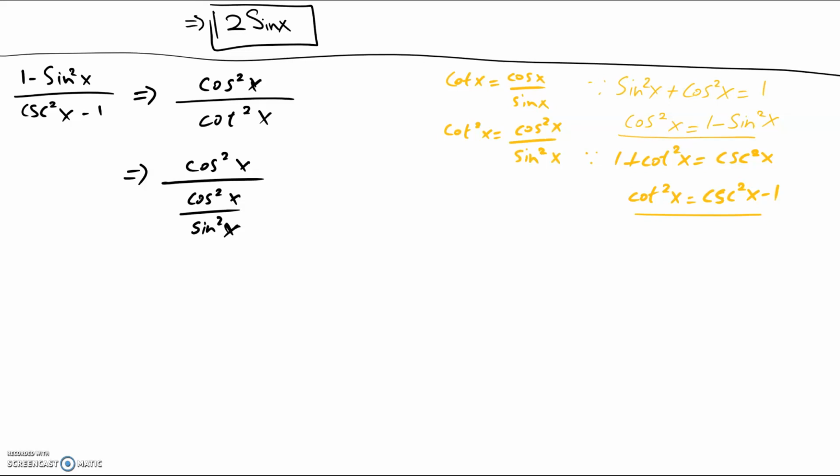Now what is this expression going to be? This expression is going to be cos squared x, and these will cancel out each other. You will be left with 1 over 1 over sin squared x. Okay, now by using the reciprocal rules, this expression will change into sin squared x. This is the simplified form.